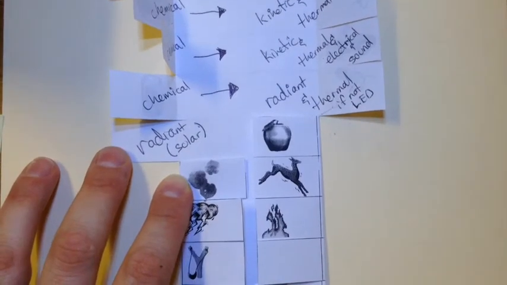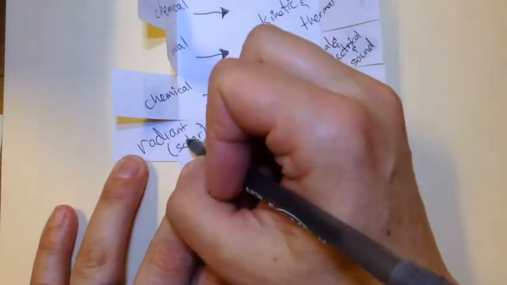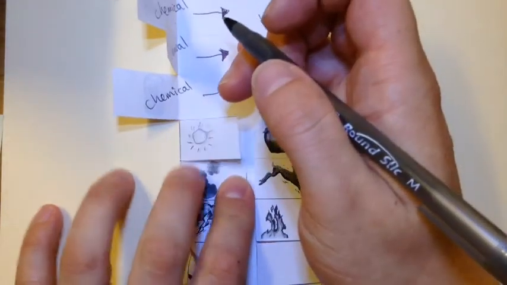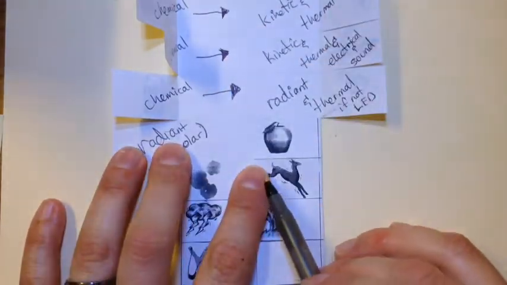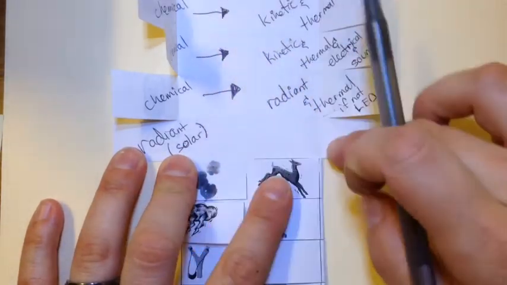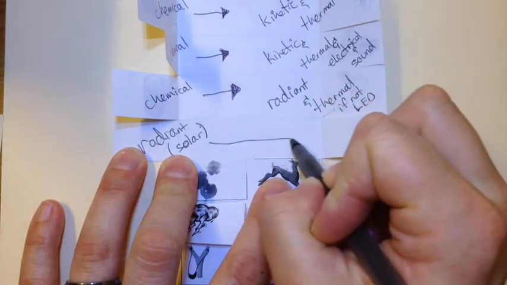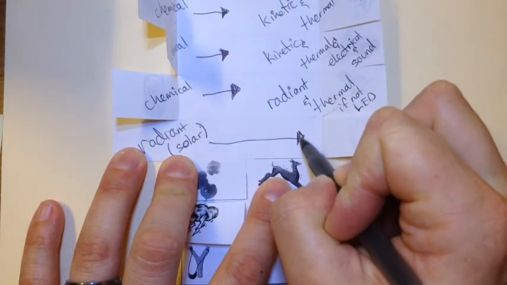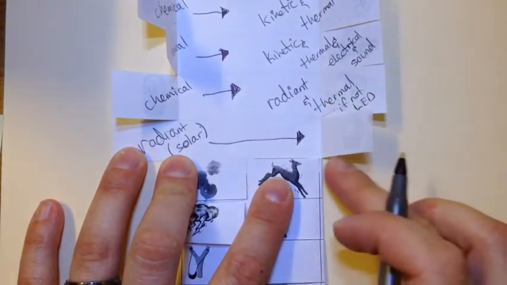It's a specific type of radiant. If it's coming from the sun, we call it solar. It's still technically a form of radiant. Now, on this one, I want you to draw a really long arrow, because we're going to label that arrow here in a minute.